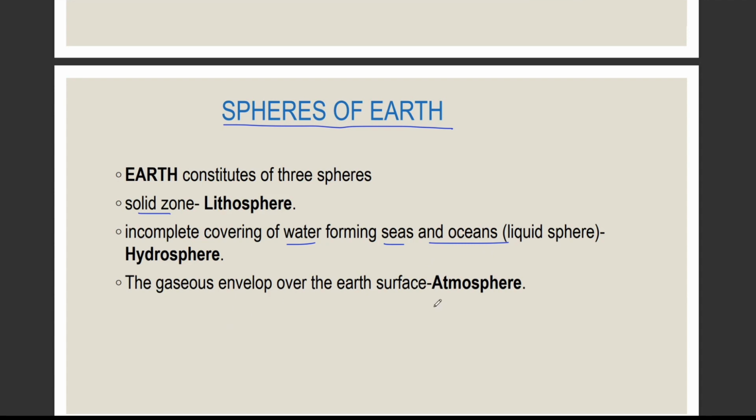After that, we have the gaseous envelope, surrounding the earth surface. Over the earth surface, that is called the atmosphere. If this is the earth, then in this area the atmosphere is present. You can get the pictures online, search on Google if you want.